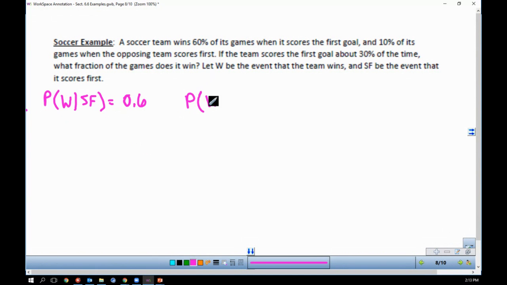So probability of win given not scoring first, 10%. And then it says the team scores first about 30% of the time. And it wants to know the probability that they win.